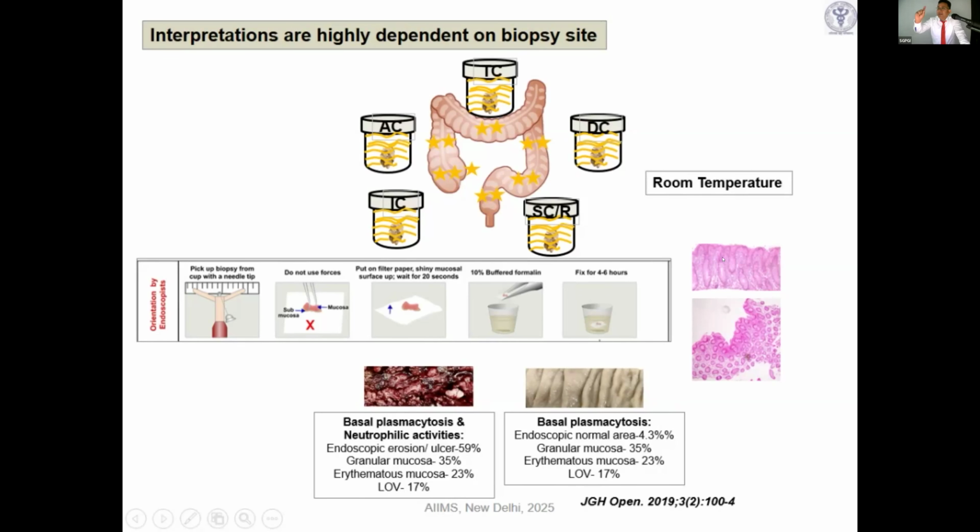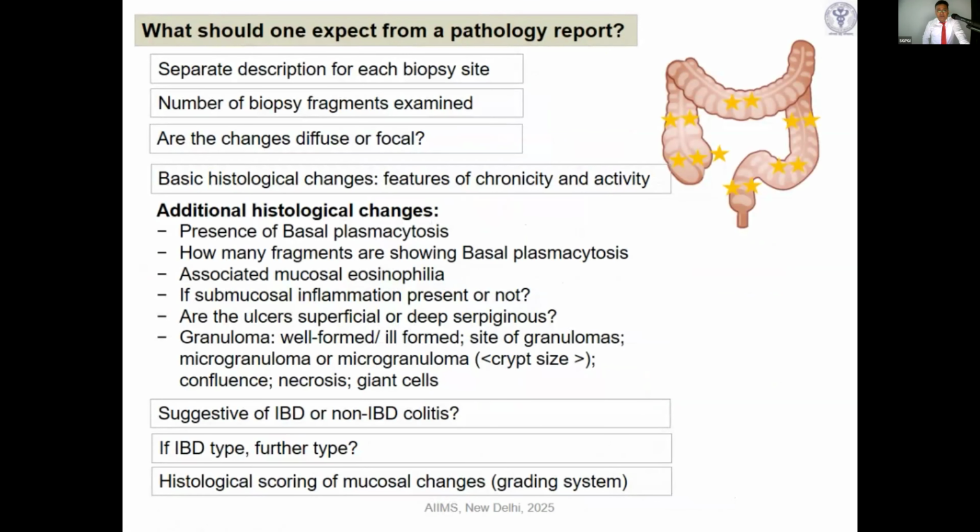So for mapping, we have to get segmental biopsies from different sites, if possible. It is not always possible, but if possible, that is very desirable. And if you get separately labeled vials, then we have to give a separate description for each site.